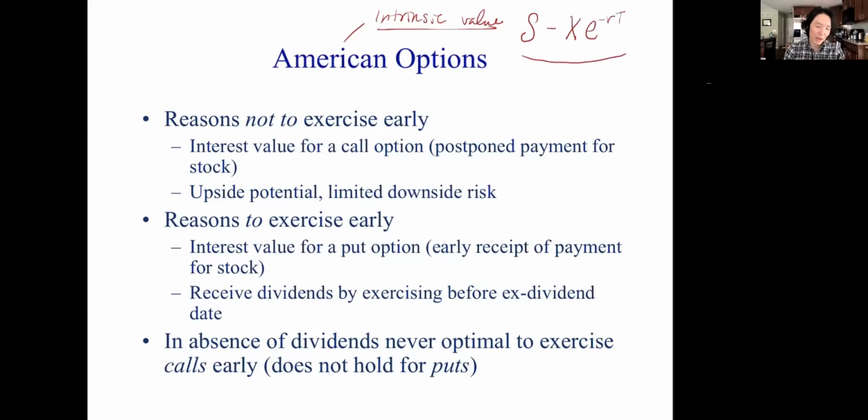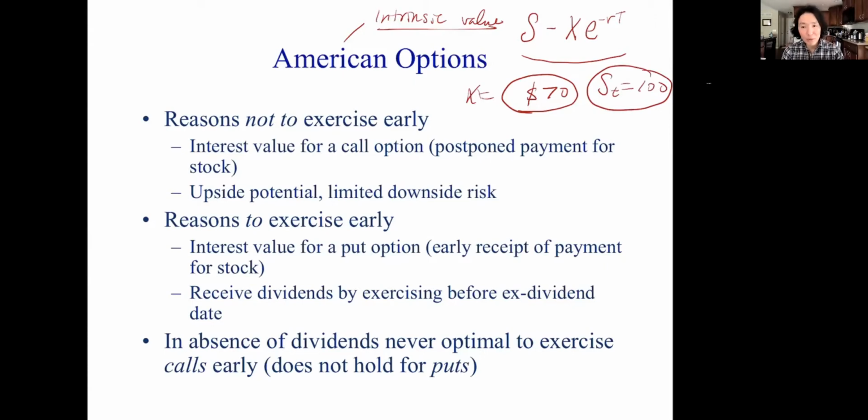So why would you not exercise early? If you exercise early, in terms of intrinsic value, you are losing money. Why? Because suppose the exercise price is $70. Basically, when you exercise the American option, what do you pay? You pay $70. Suppose the current stock price is 100. If you exercise an American option before expiration, you pay only 70, and instead you get $100 worth of the stock.